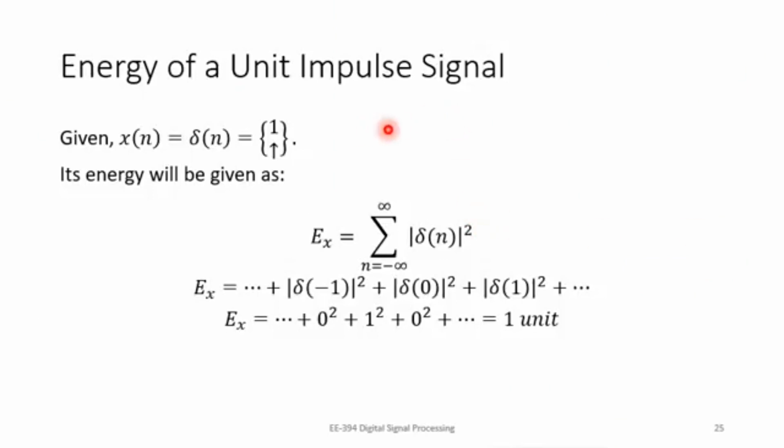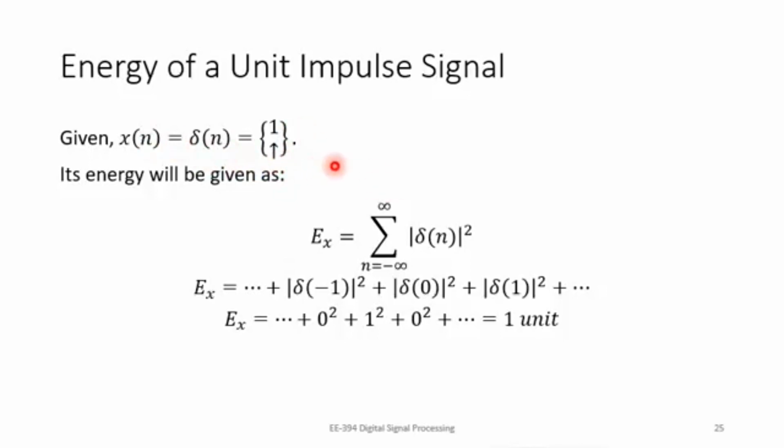Now you can simply visualize, and without maths you must be able to find out whether the signal is an energy signal or not. If we take the example of a unit impulse signal, it is delta[n], and it has only one value of 1 at n equals 0, and it is 0 otherwise.